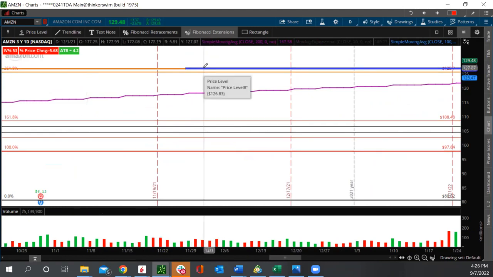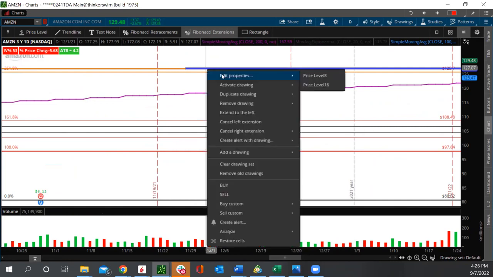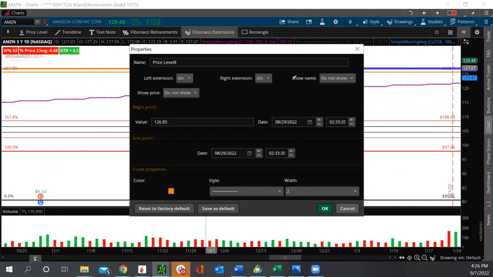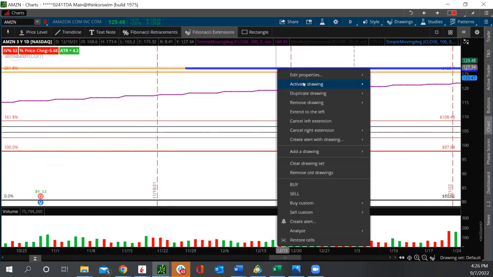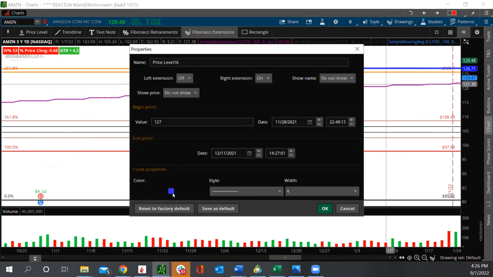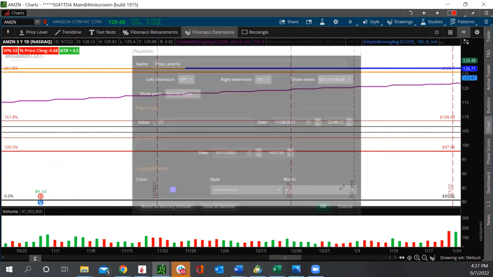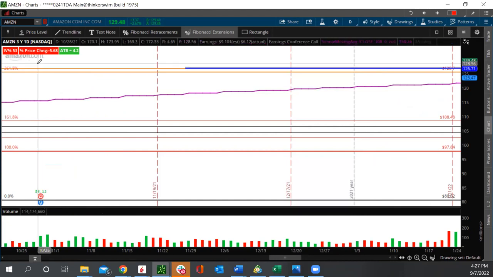This is the monthly 50 EMA right there. So just from doing those fib extensions back in 2020, that's giving me a level that perfectly aligns with the 50 on the monthly.